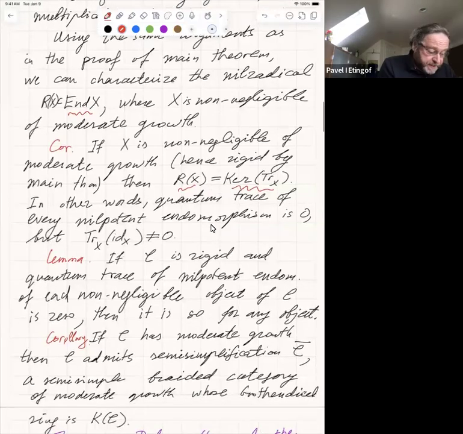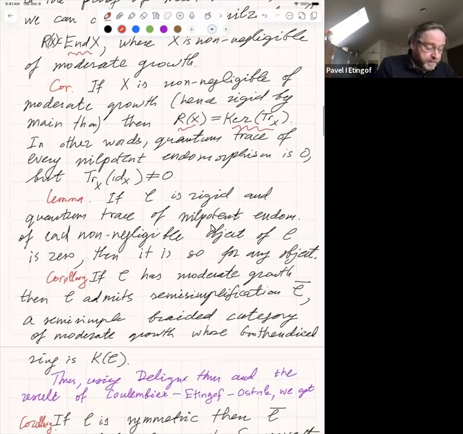And the corollary of this is that if C is braided of moderate growth, then it admits a semi-simplification C bar, which is a semi-simple braided category of moderate growth, whose Grothendieck ring is this K of C.